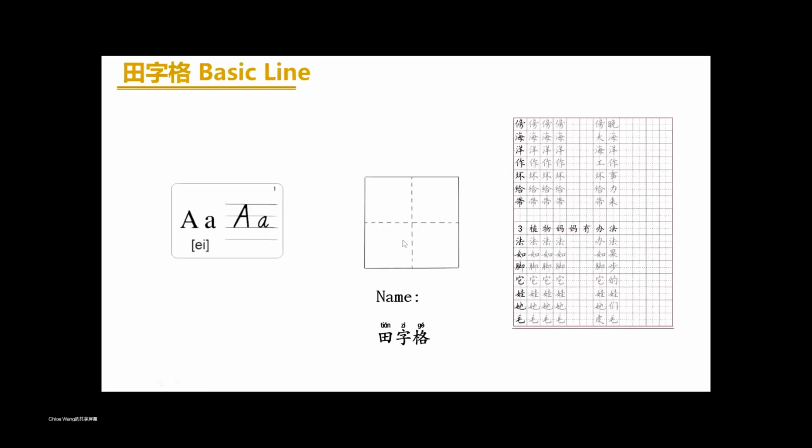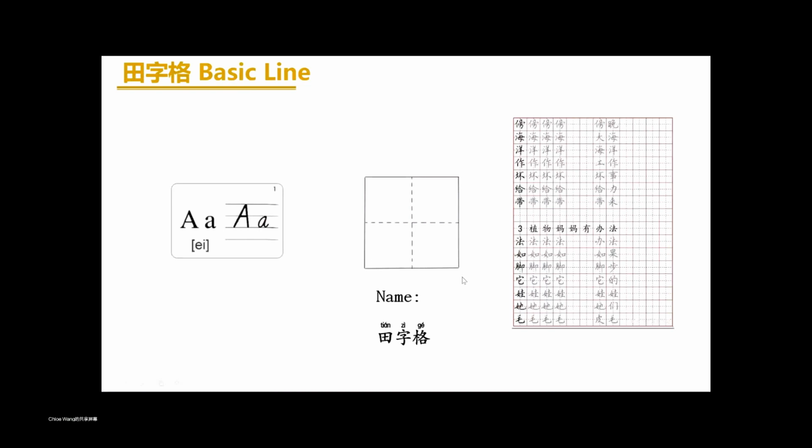And that's where this 田字格 is important. Because if you write a character in 田字格, it helps you to know the direction and the combination, the relationship between each and every single stroke.